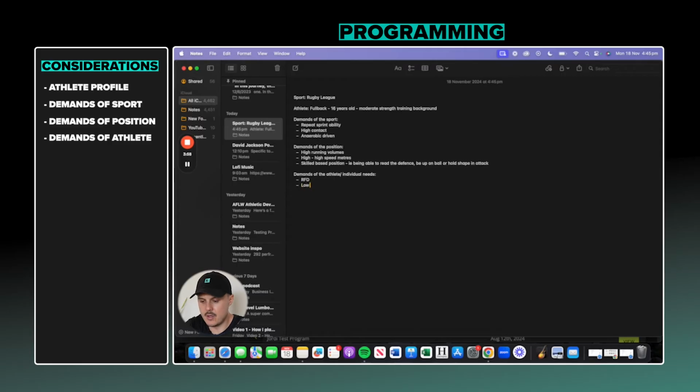He has low RSI, which is reactive strength index, moderate elastic strength, poor hamstring strength, solid max V with poor acceleration.